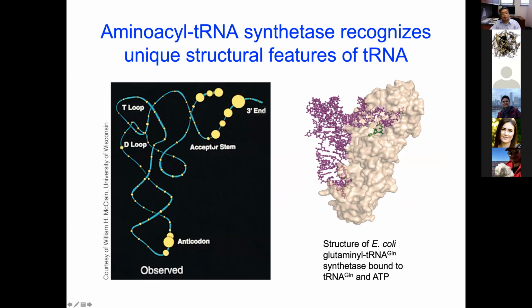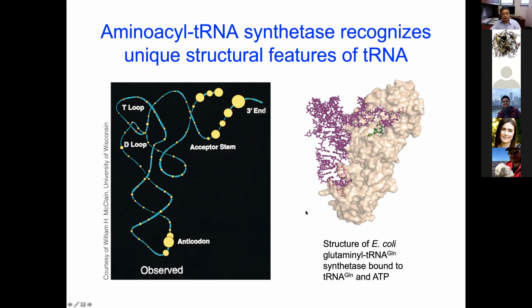Those last few nucleotides on the acceptor stem, and also the 5' end of the tRNA, play an important role in recognition. Those nucleotides bind specifically to the enzyme. And also the anticodon region, which is here, can be recognized specifically by the enzyme.